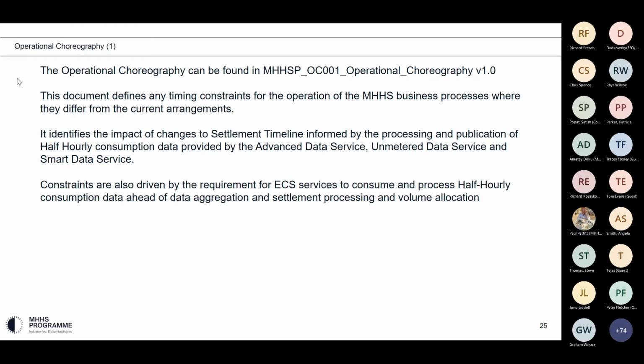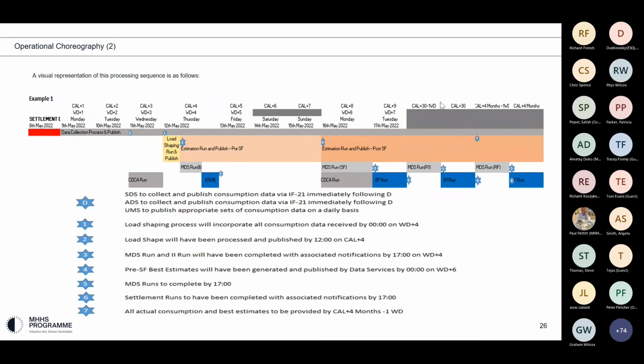If you look in that document, you will see diagrams such as this. It has D here, which is the sort of drop dead date by which we're expecting consumption to have been submitted by the data services. The unmetered supplies data service will publish its data as soon as it's calculated. That's normally on D+1.